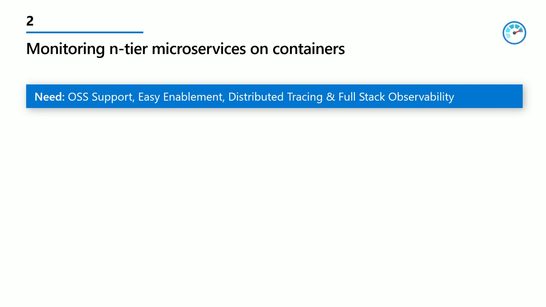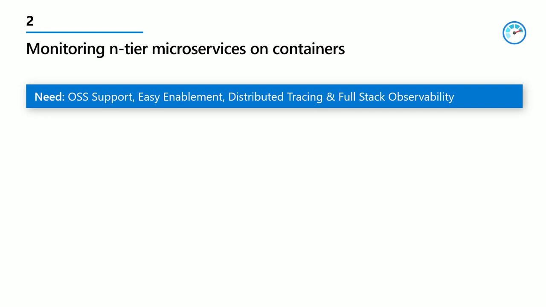If you have to install an SDK and do a bunch of heavy configuration, the service might die down before it starts getting monitored. You want full distributed tracing. Microservices are small applications, small services distributed across containers, across tiers. How do you get that end-to-end transaction trace? And lastly, full stack observability. It's not just your application. You have your container infrastructure. You have databases. You have legacy workloads on VMs.